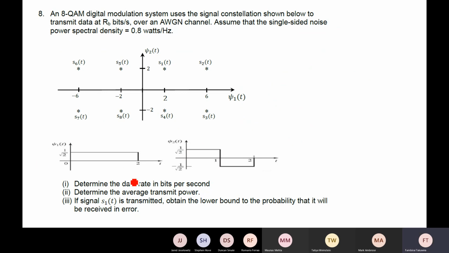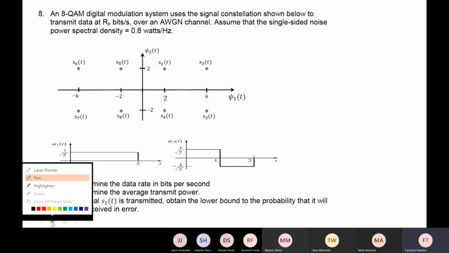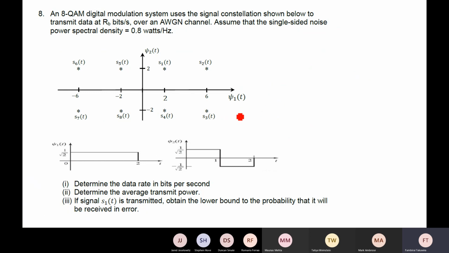So essentially, the signal constellation tells us, because it is QAM, we immediately know that we can write our basis functions, and say this one here is equal to root of 2 divided by Ts, where Ts is the symbol duration, then cos of 2 pi fc t, that will be that one.